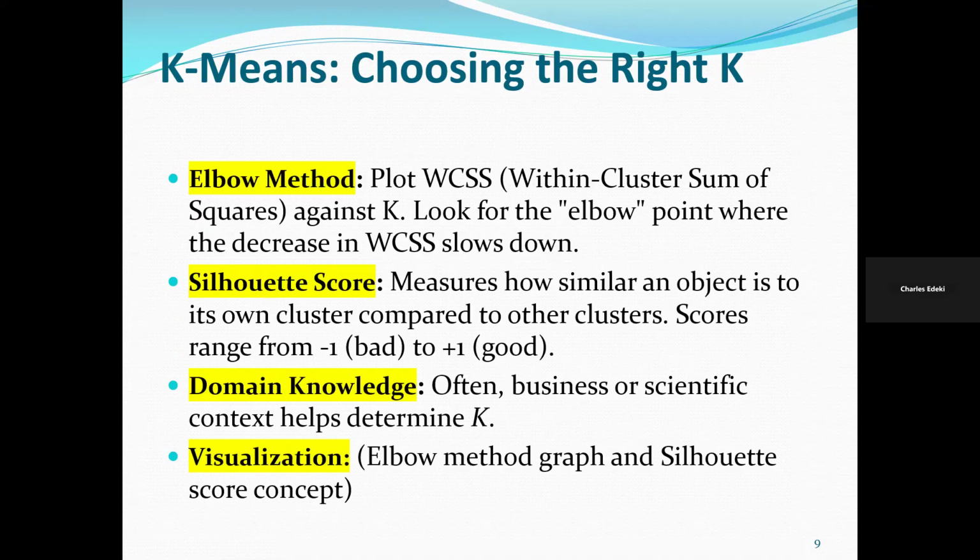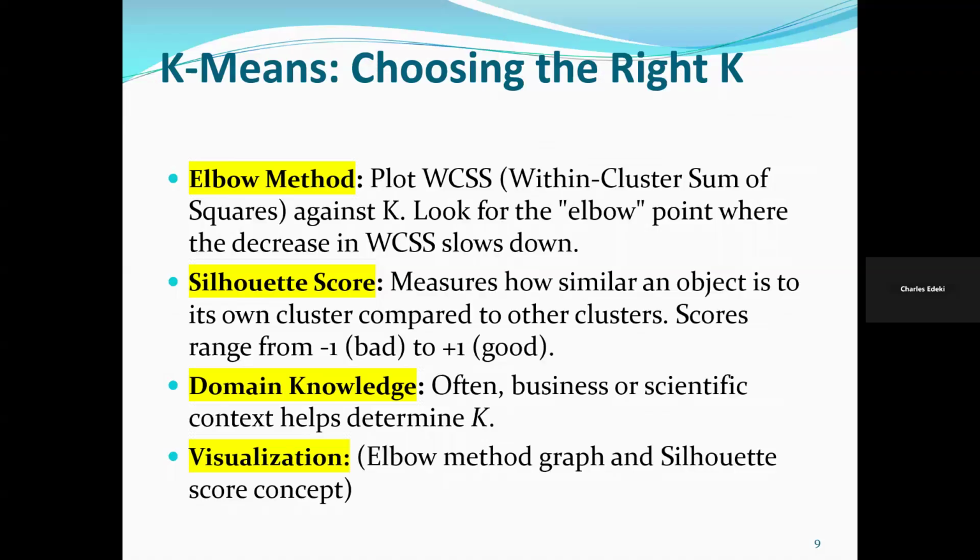As K increases, most likely the WCSS will always decrease. That's how the algorithm works. Then the elbow point on the graph is where the rate of decrease significantly slows down.